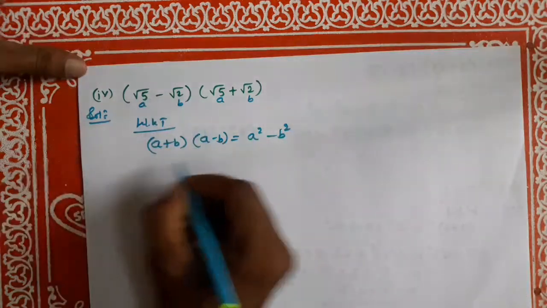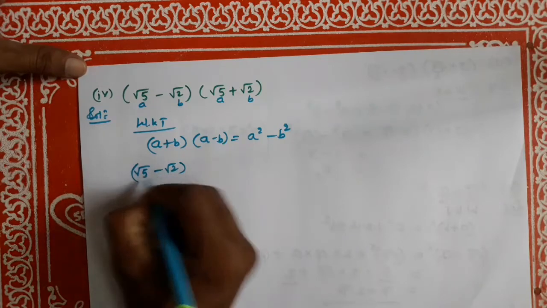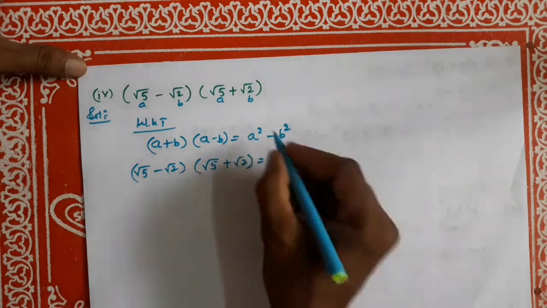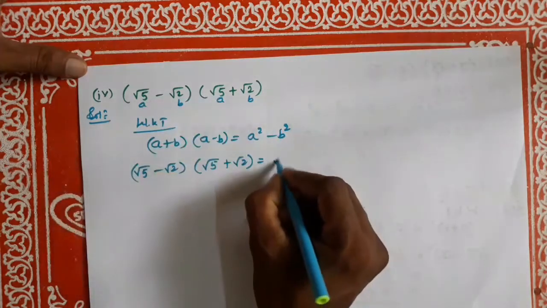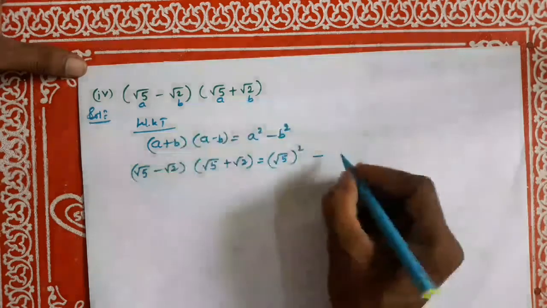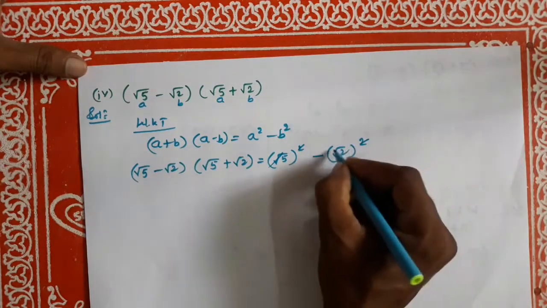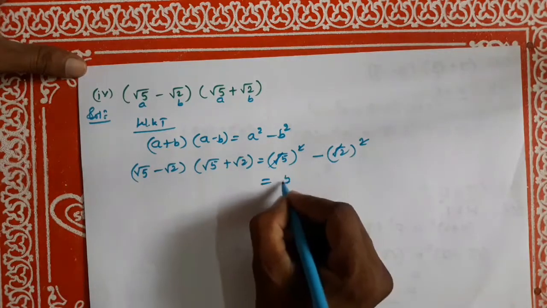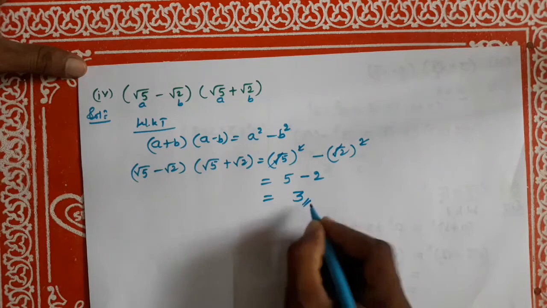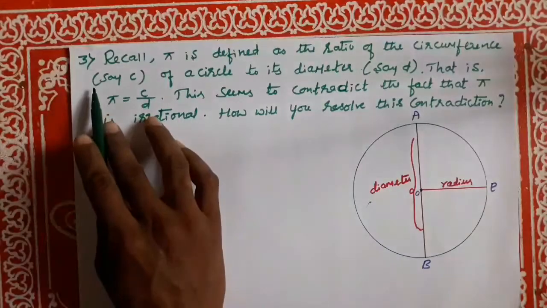Here, (root 5 minus root 2) into (root 5 plus root 2) is equal to root 5 whole square minus square root of 2 whole square. The square and root will get cancelled. Remaining is 5 minus 2, which is equal to 3. This is the answer.